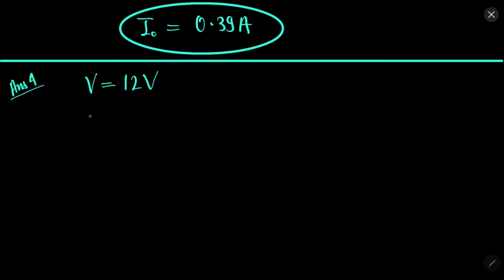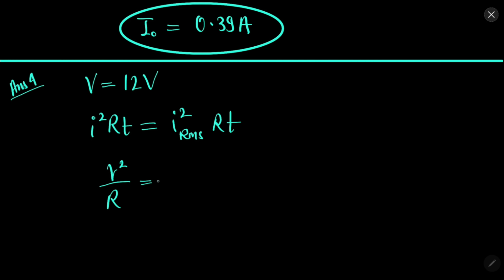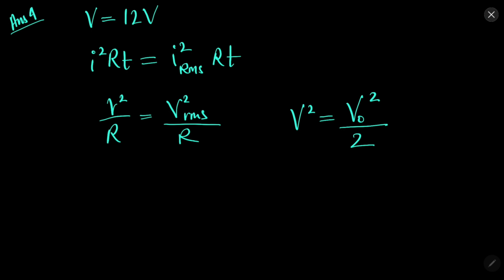Now we know that for heat, I square RT, or I square RT RMS value, are the same. So V square over R will be the same as V square RMS over R. So V RMS square will be V0 square over 2.